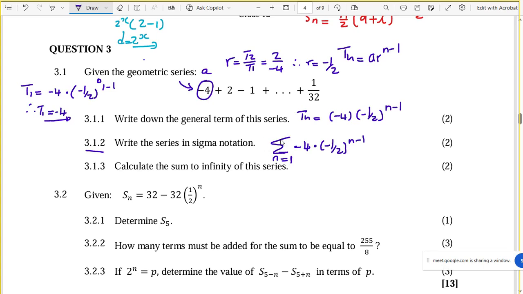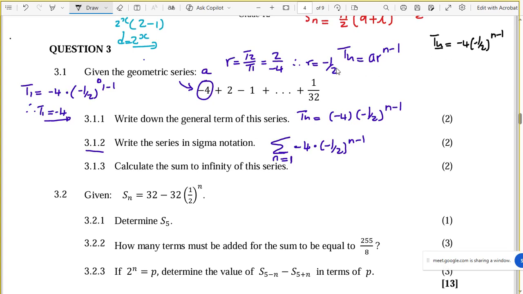On top, to find n, you're going to work out some magic. To find the last term, you say Tn is equal to -4 into -1 over 2 to the power n minus 1.